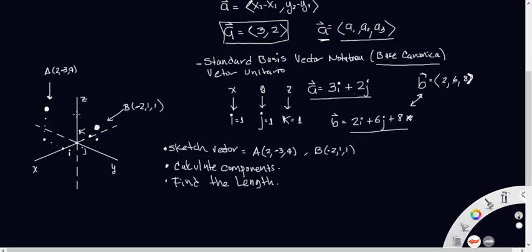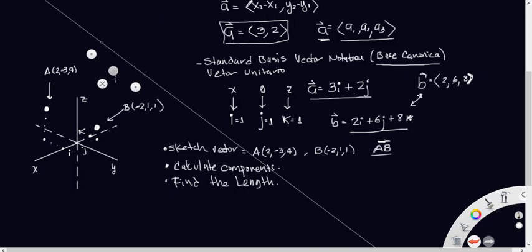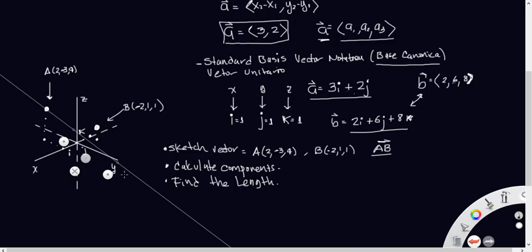So this is the vector AB, and maybe we can represent that with this notation, and let's calculate the components. So let me draw a little line between these 2 points just to make this clear.